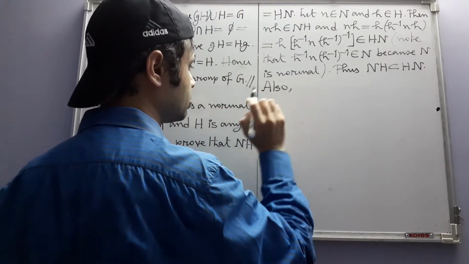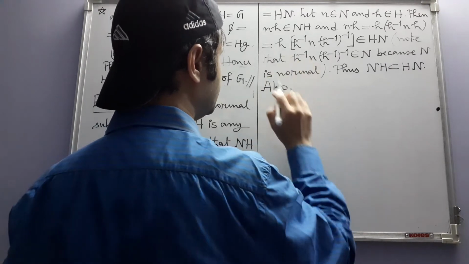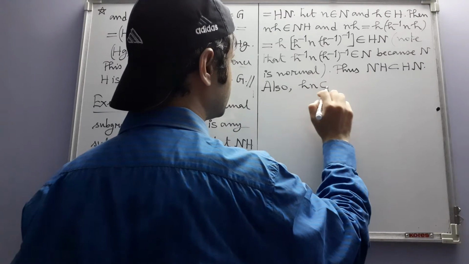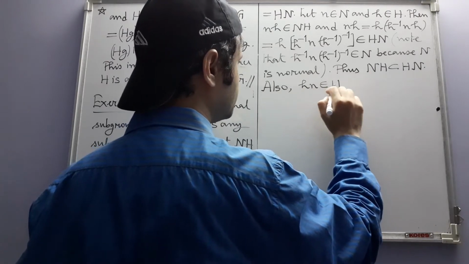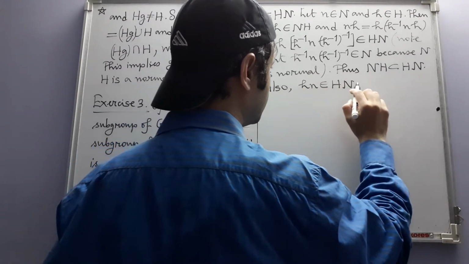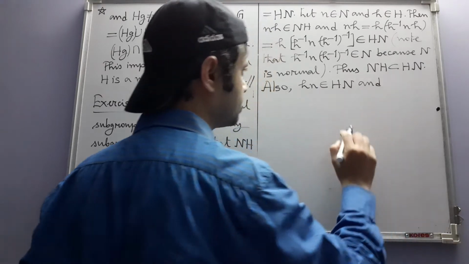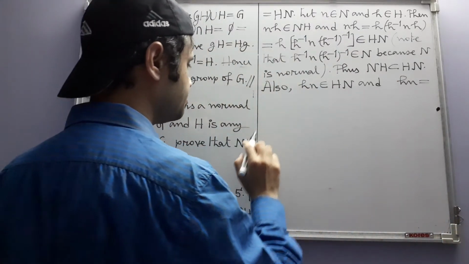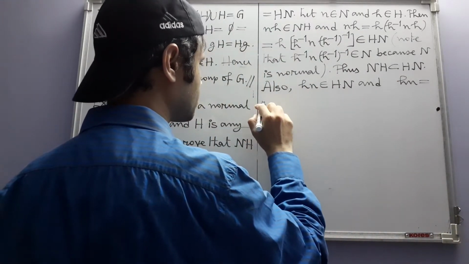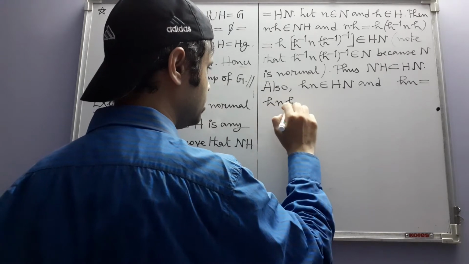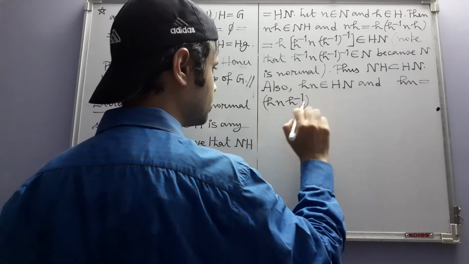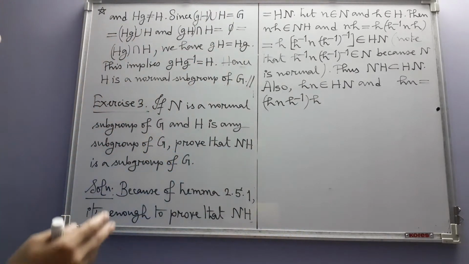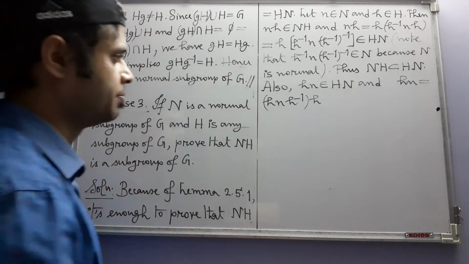Also, now we are going to show the reverse inclusion. So now we are considering hn. hn belongs to HN and hn is equal to h n h inverse h. Here also h inverse and h will cancel out and we will have hn.